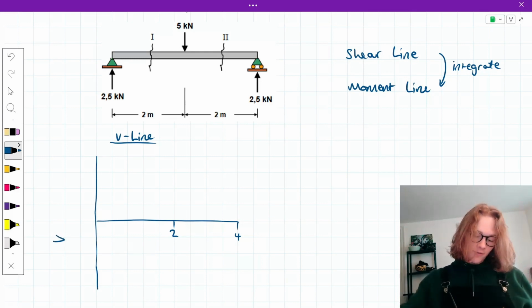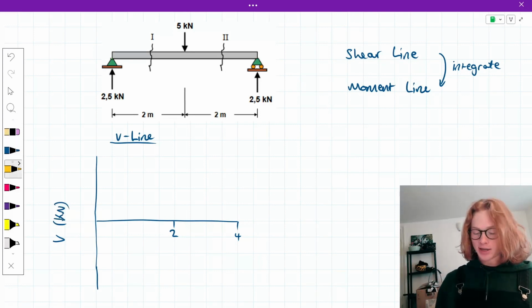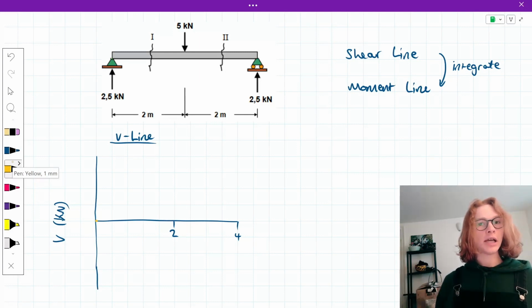So V in kilonewtons. If we start at 0, because this is statics, we always start at 0. Then I'm going to go up by 2.5 kilonewtons, because that's the first force I hit.